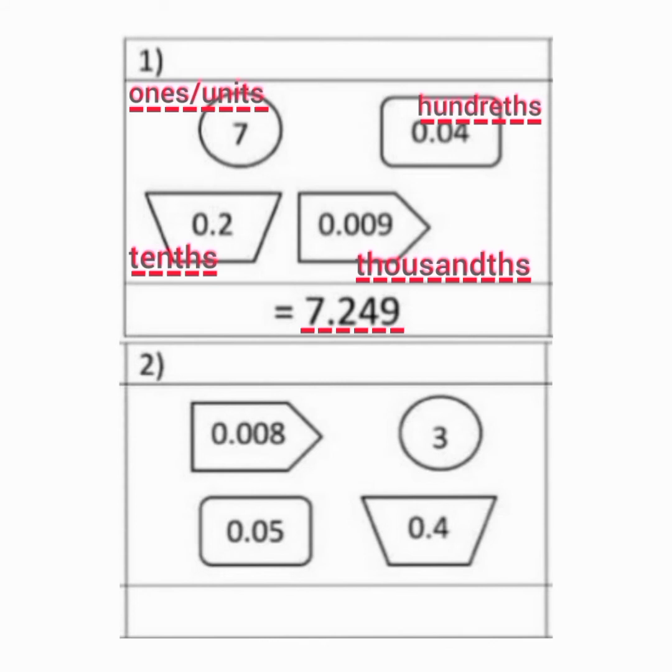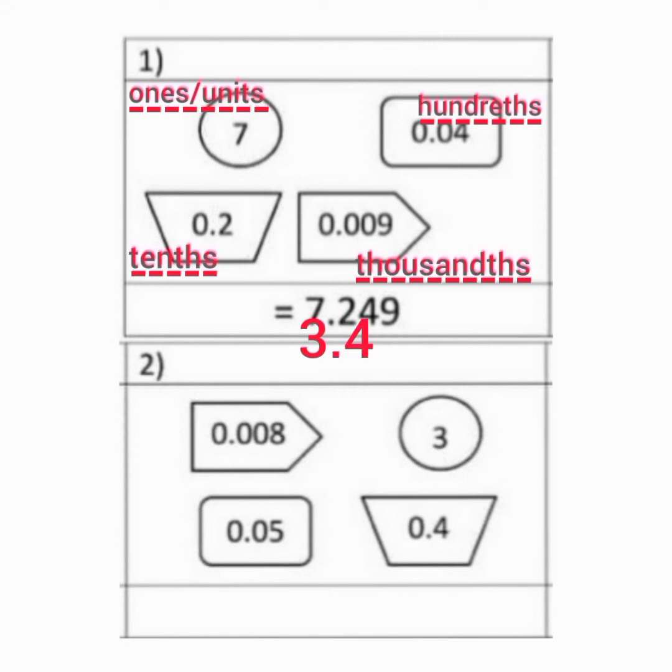Let's look at number 2 now. For number 2, we must determine which number goes in the ones place. Looking at number 1 for reference, we know that the circle represents the ones or units place, and the number inside the circle is the number 3. For the tenths place, we know the trapezoid shape represents it, and the number inside of it is 4 tenths.